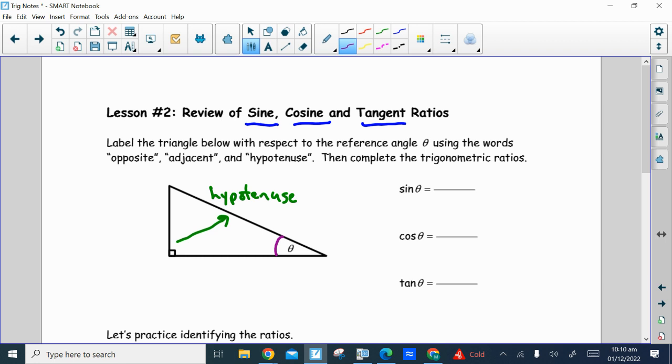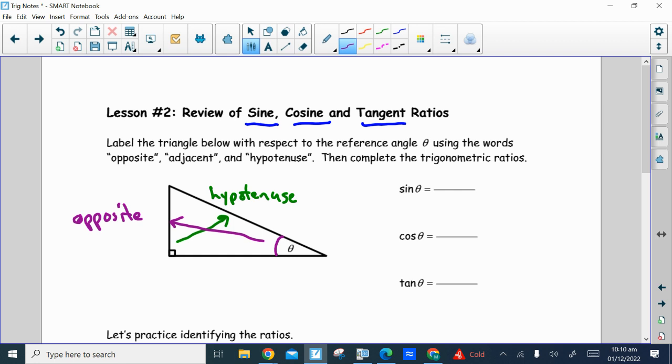That angle will always be theta, and the side across from that angle, the angle that you're given and you're going to use or you're trying to find, is the opposite side. It's going to be opposite the angle that you're working with.